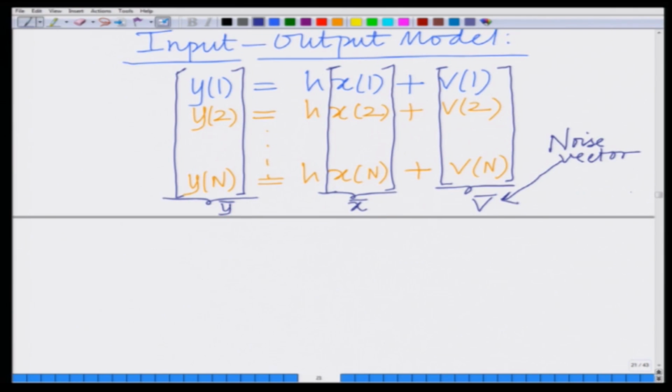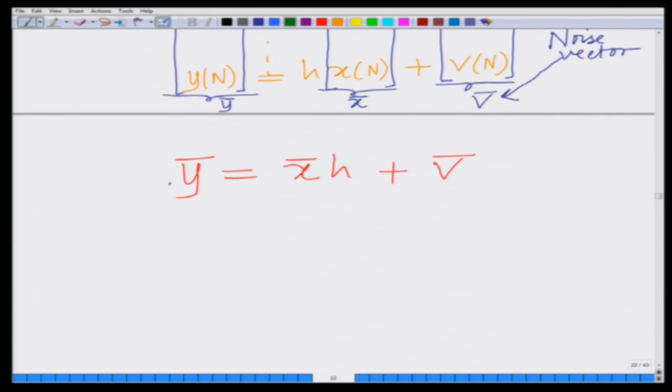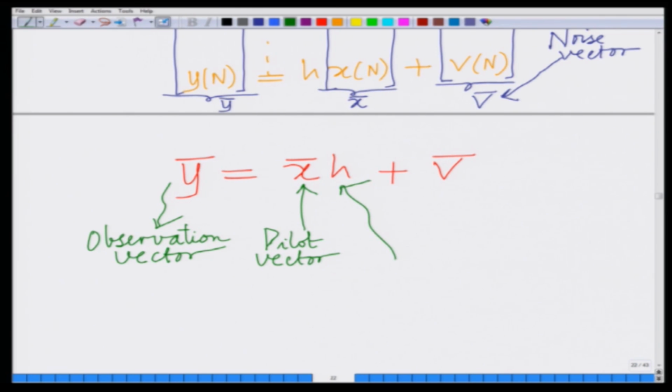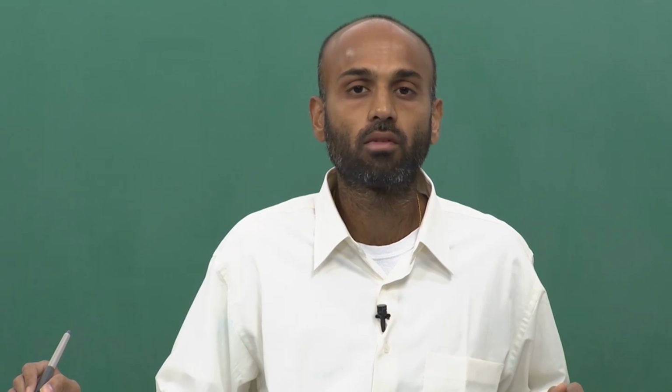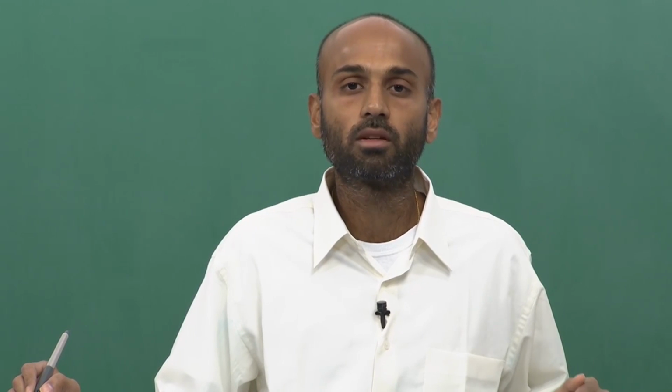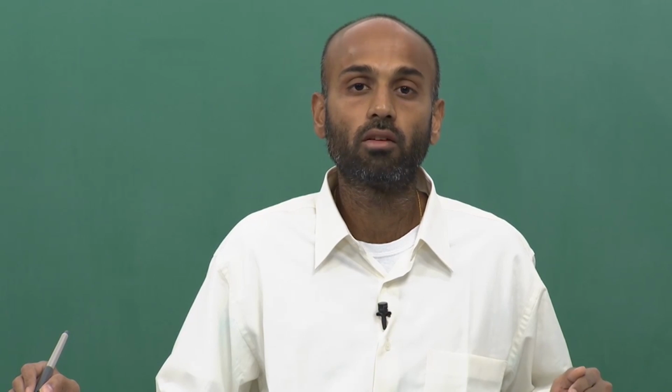So, I can write this in vector fashion as y bar equals x bar times h plus v bar, where y bar is the observation vector, x bar is the pilot vector, h is the unknown channel coefficient, and v bar is the noise vector.